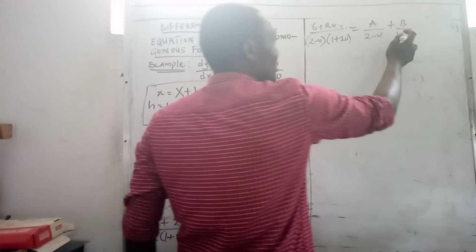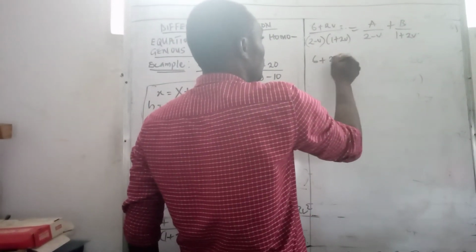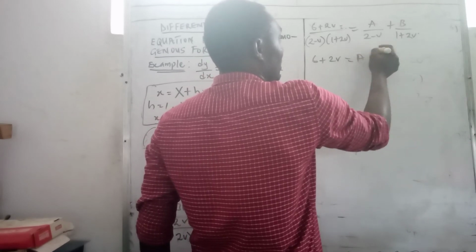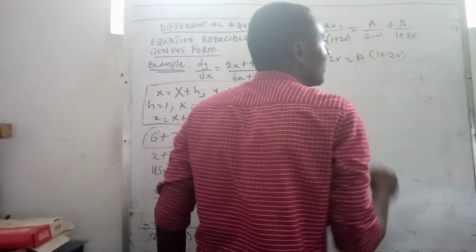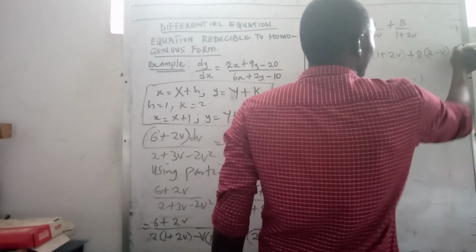So this gives 6 plus 2v equals a into 1 plus 2v plus b into 2 minus v.